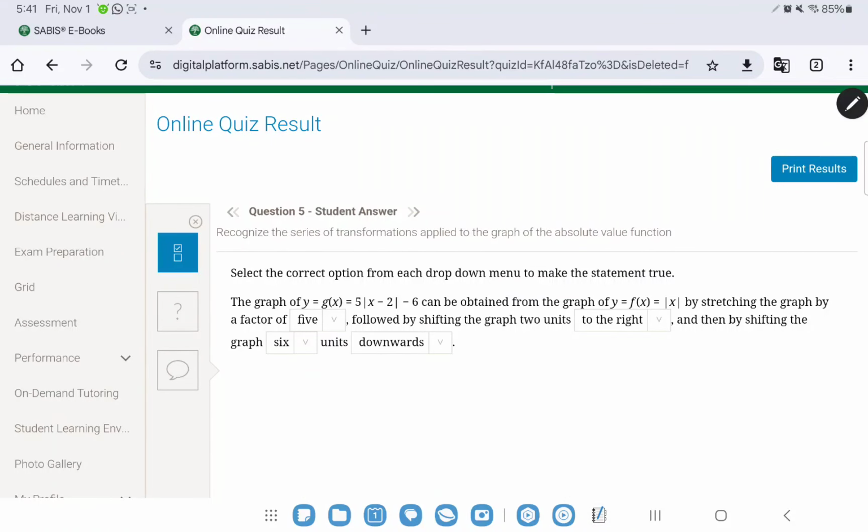Now here they're telling us the graph of g of x equals 5 times absolute value of x minus 2, minus 6. How is it in comparison to this? So what happened here is you moved it 2 units and 6 units. Negative 2, negative h means to the right.